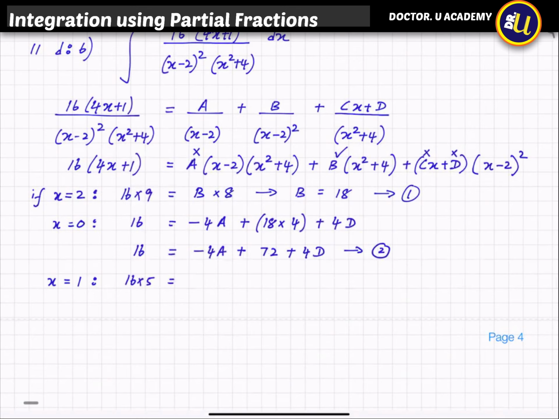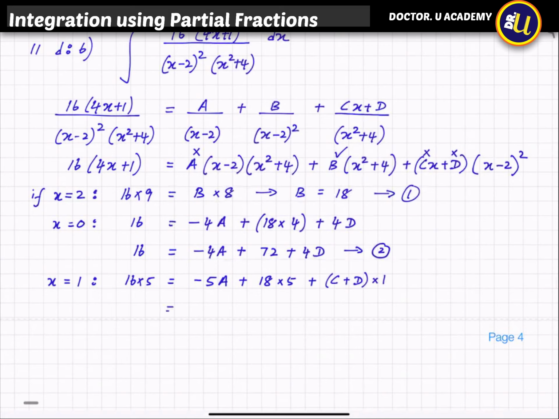Your right hand side would be, x minus 2 is minus 1, x squared plus 4 is 5, so minus 5a, then plus b is 18, times 5 now, plus, now x is equal to 1, so c plus d times 1.